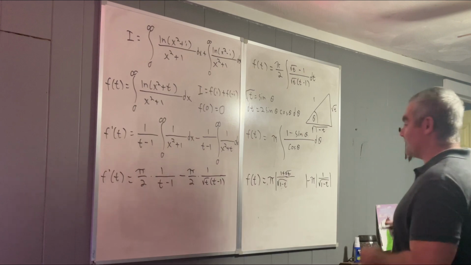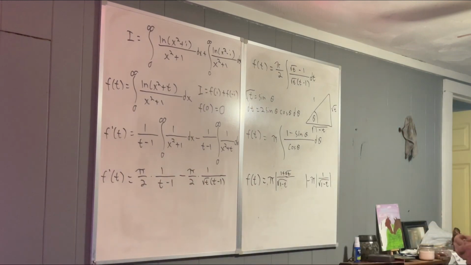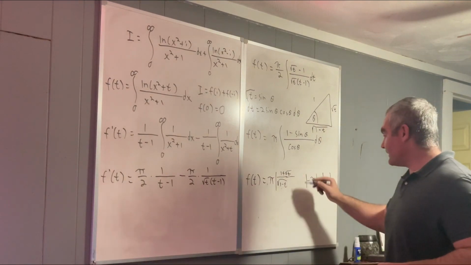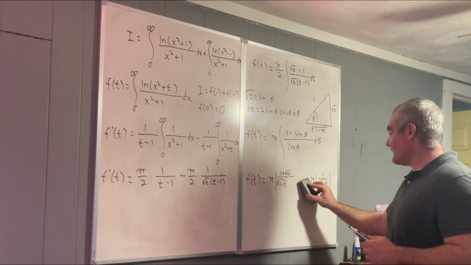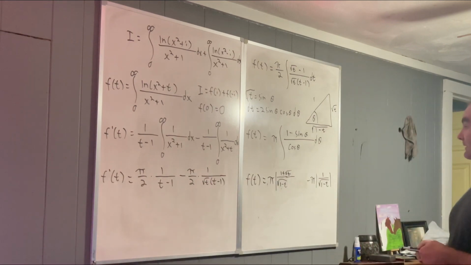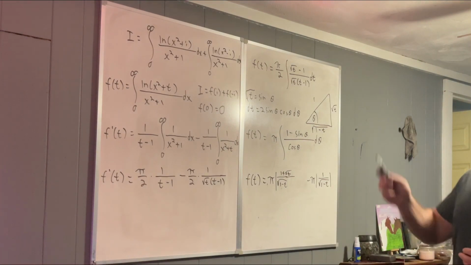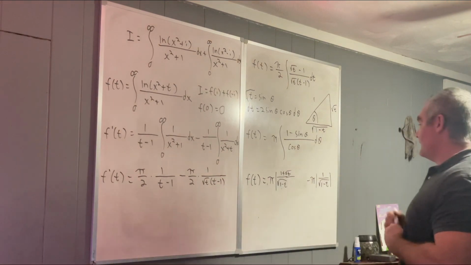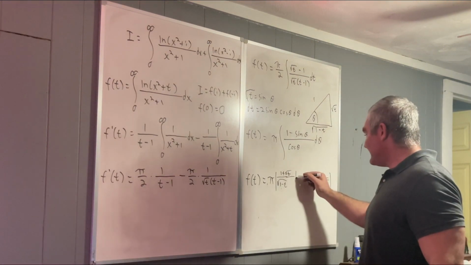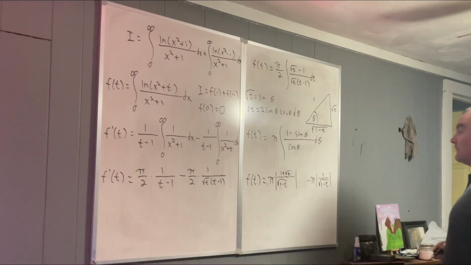And these absolute values are very important in this problem, since we will be dealing with complex numbers. So we really need those absolute values, because we know we are going to be getting back a purely real number for an answer for I. So we need those absolute values there.